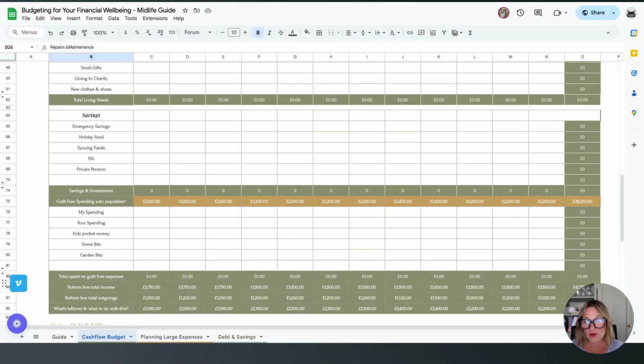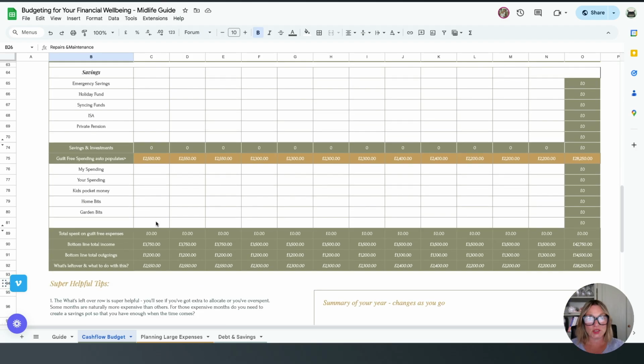So here you can see your guilt-free spending has changed. You can also see your bottom line. Now, if you've ever looked at any business paperwork, you run your own business, what have you, the bottom line is where it's at, which is why I've called it that. This is where you'll find your absolute summary. So what's left over and what to do with it is the bit I really love, actually, because it just makes sure that you have literally planned for everything, or you're using all of your money properly.